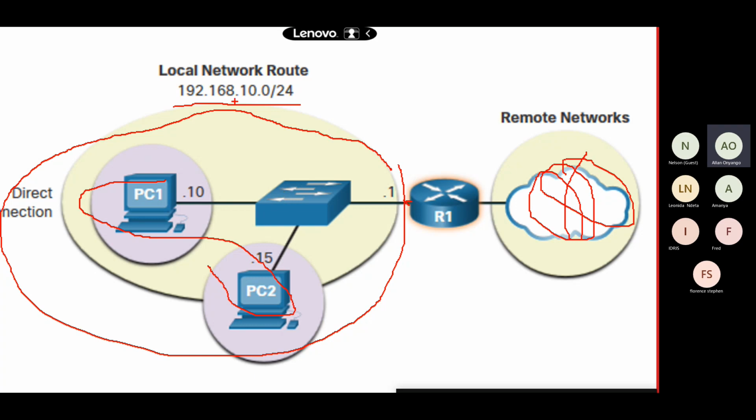To start assigning, we must start from 10.1, whereby in most cases, the router interface is always given the first IP, but it is not a rule. It is just recommended. Sometimes some devices are given the last IP. I will talk to you about first and last soon. So you can see, when you see here .1, it means the IP address of this router interface is 192.168.10.1. So replace where the 0 is, put 1. This PC here, its IP is 192.168.10.10.